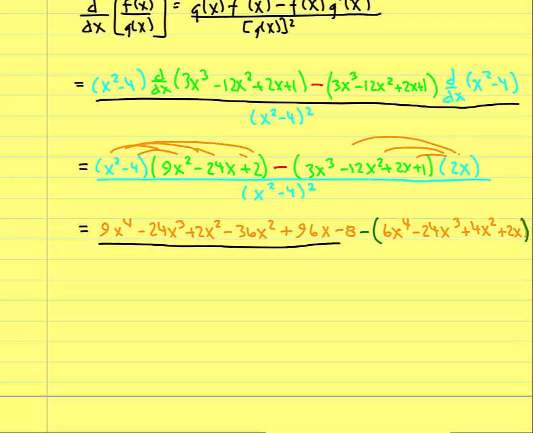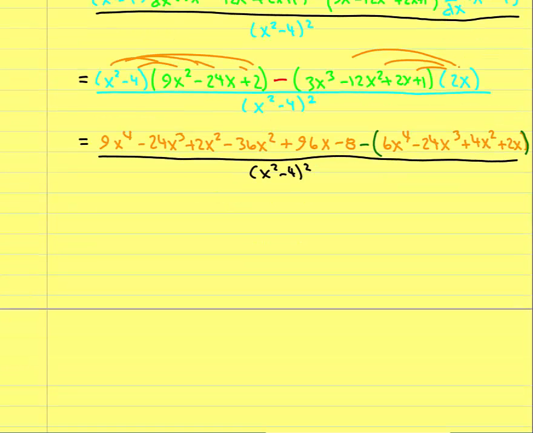Now I've noticed in a lot of your handwritten work, a lot of you drop steps, meaning you just drop the denominator until later on, but then you forget to put it back in. So one of the things I look for when I'm grading is whether you carry everything along to ensure that you don't drop anything. So here I have my 9x to the 4th, all of this. I'm just going to copy it down.